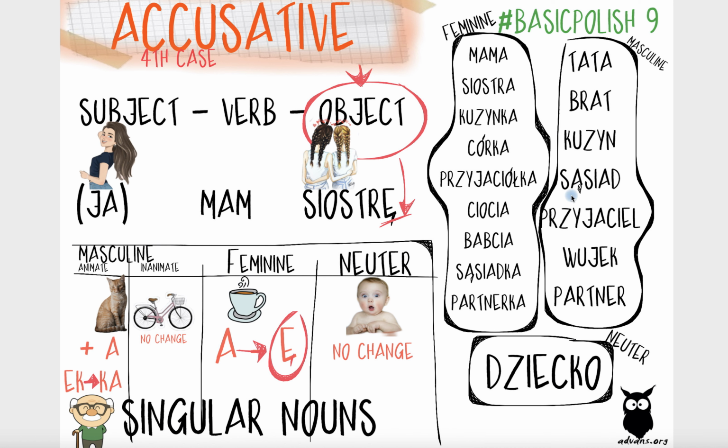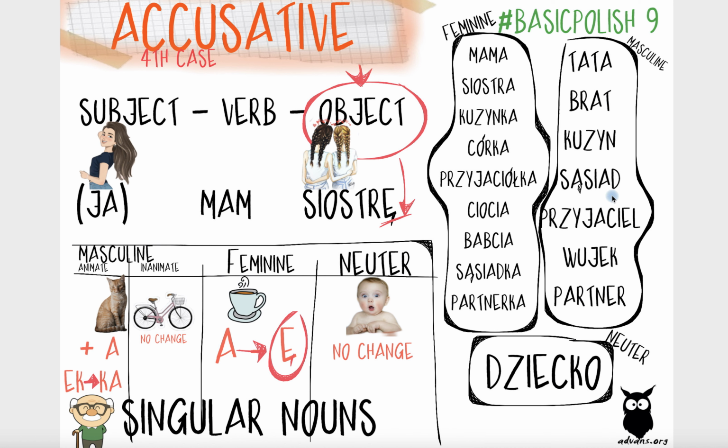When it comes to masculine nouns, you need to recognize whether the masculine noun you are dealing with is animate, in other words, whether it's a living organism, a person. Here in this group, we've got family members or some relationships. So we've got dad, brother, cousin, neighbor, friend, uncle, and partner. Therefore, we are dealing here with all animate nouns.